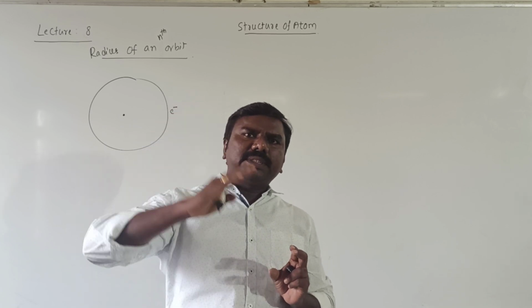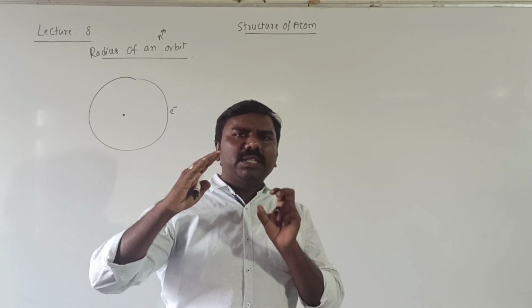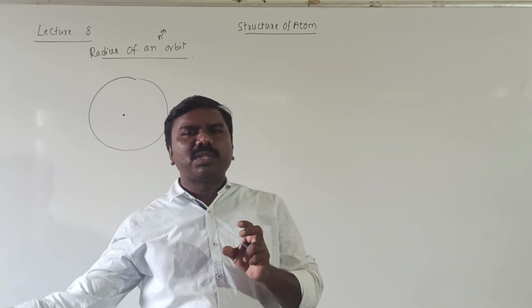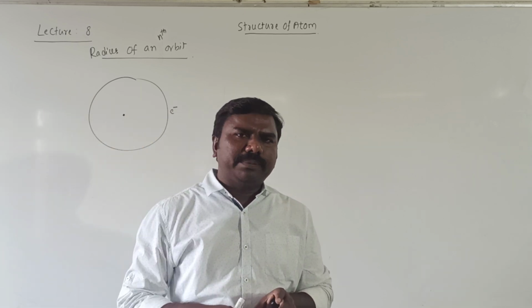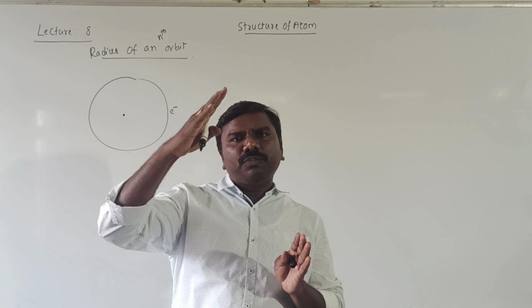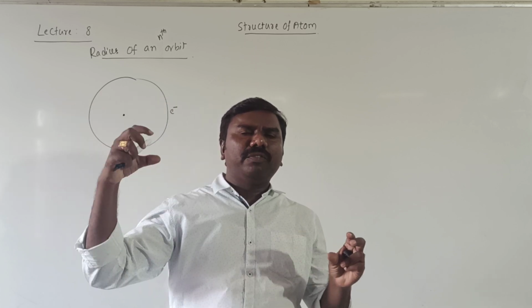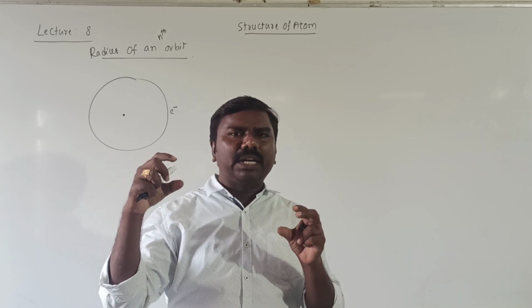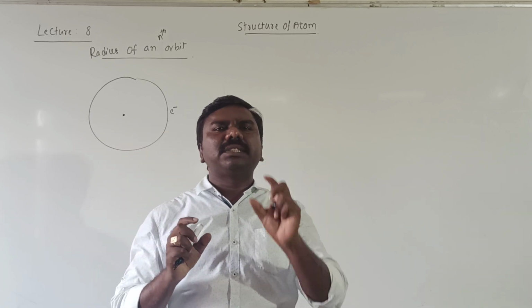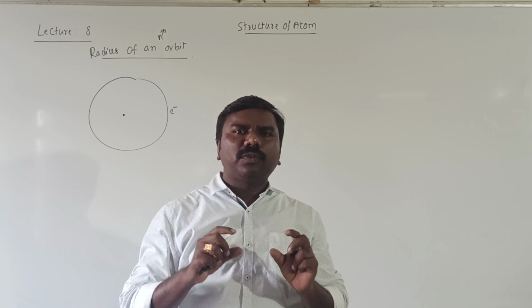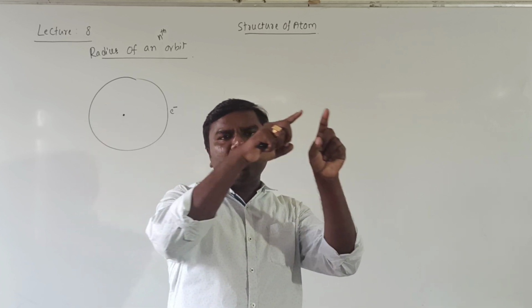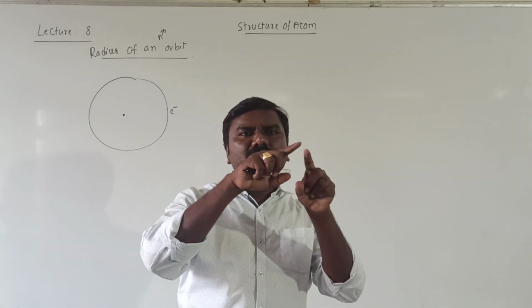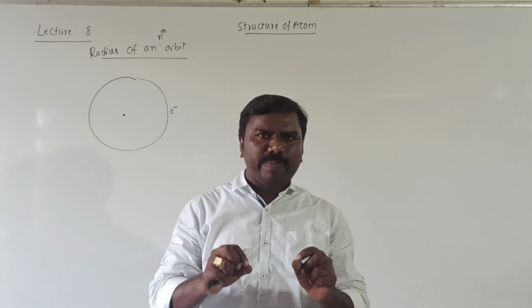Otherwise, if the outward force exceeds the attraction, then the electron falls outside. That's why the opposing force is equal to the attracting force. The attracting force between the electron and nucleus is centripetal force. Opposing is centrifugal force. These forces must be the same. Then only the electron revolves around the nucleus in a particular fixed orbit.